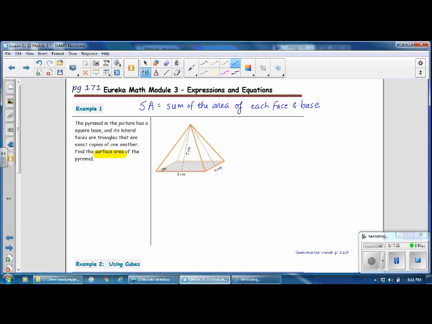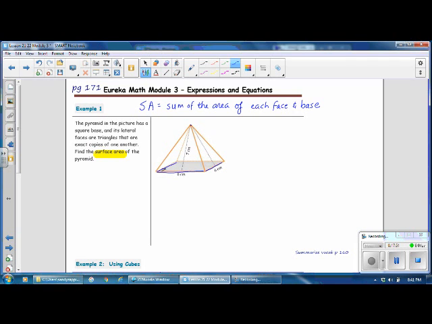And if we took a look at what a pyramid is made of, a base, and then it has lateral faces that come to one vertex at the top. And in this case, the base is a square. So all of the lengths of this side are the same.